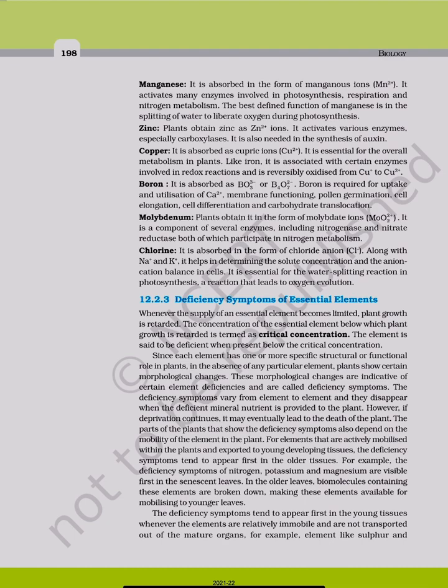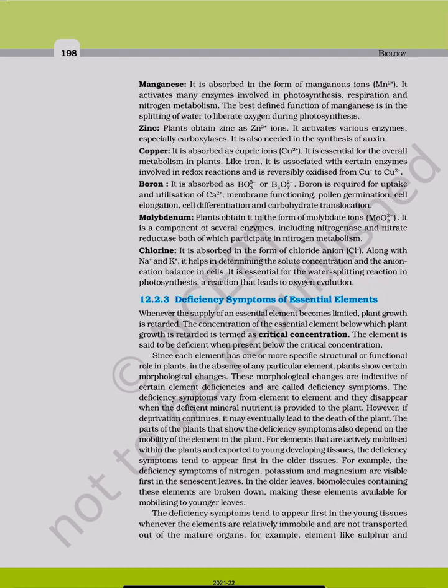Since each element has one or more specific structural or functional roles in plants, in the absence of any particular element, plants show certain morphological changes. These morphological changes are indicative of certain element deficiencies and are called deficiency symptoms.